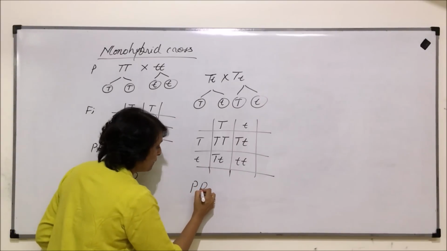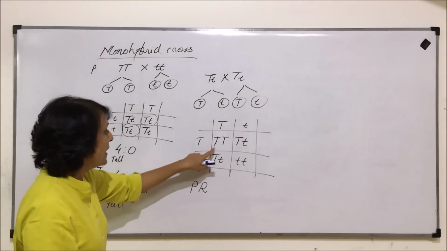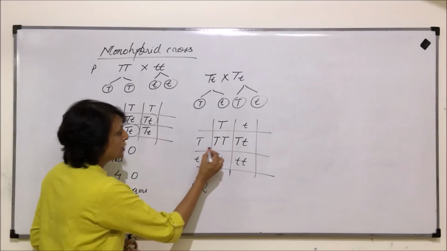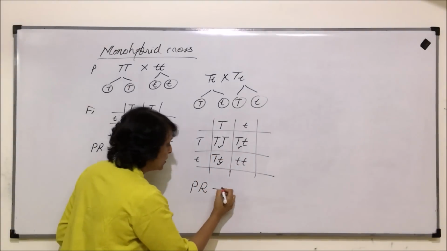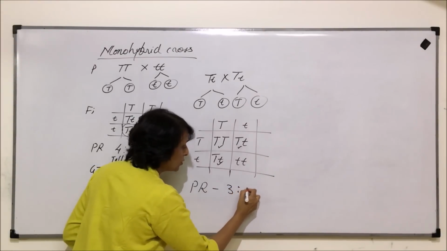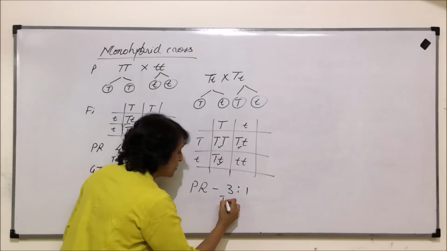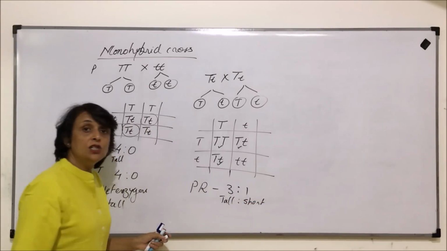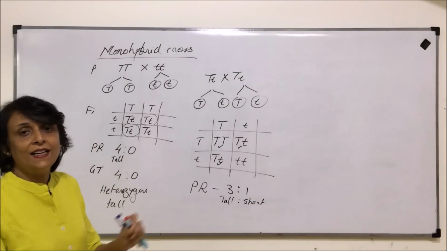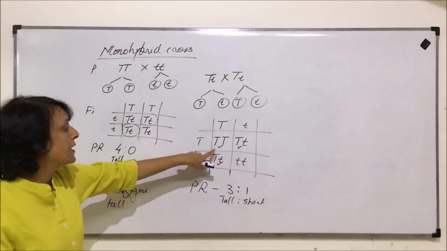If we talk of the phenotype ratio, that means how they look: this will look tall, this will also look tall, and this will also look tall, so the ratio is 3 tall to 1 short. The genotype ratio means their genetic makeup.